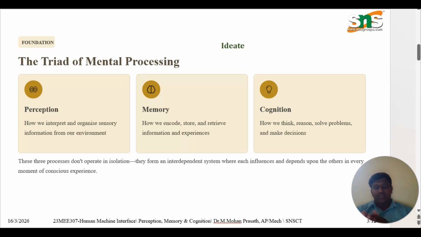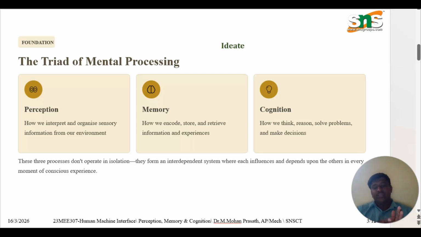Coming to the concept, the processing of the human-machine interface involves three steps, namely perception, memory, and cognition. Perception interprets and organizes sensory information from our environment. Then the information collected from perception is sent to memory, which performs encoding, storing, and retrieving information and experience based on previous setups.